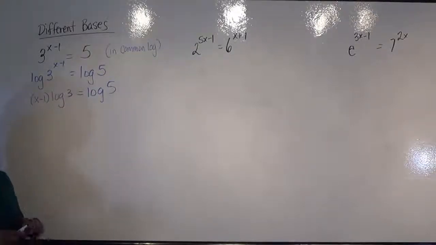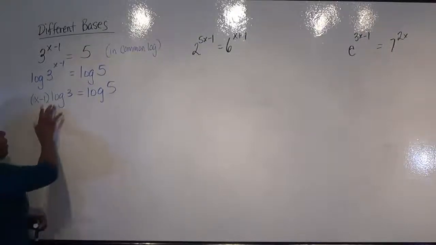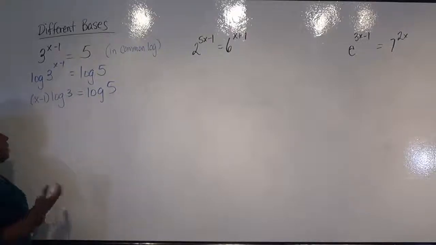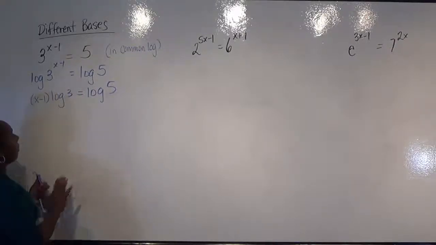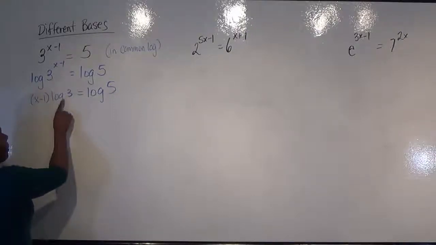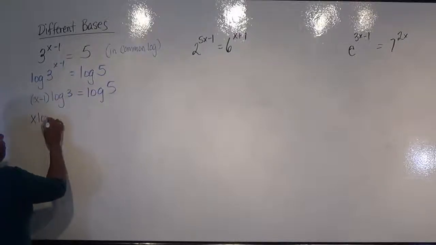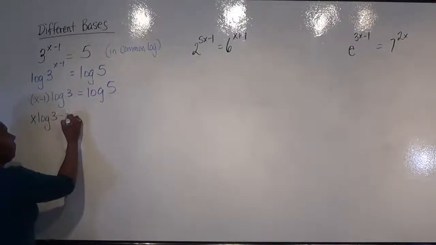Now again, it's still an equation and I'm trying to solve for x, so I want to isolate my x term. Now to do that, and this is again where some people kind of go error-y on this, I want to start by distributing so that I can get the x term by itself over here. So remember, log of 3 is just a number.